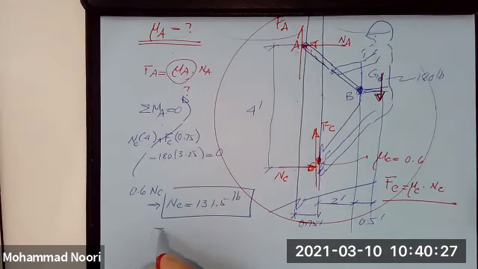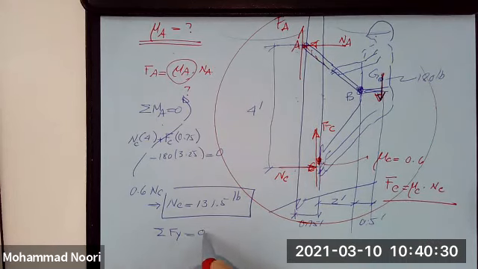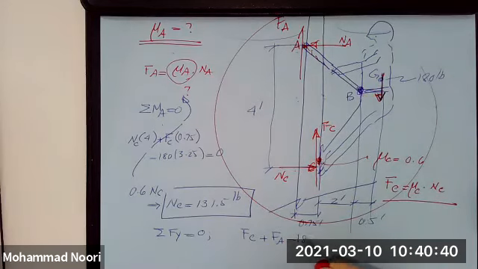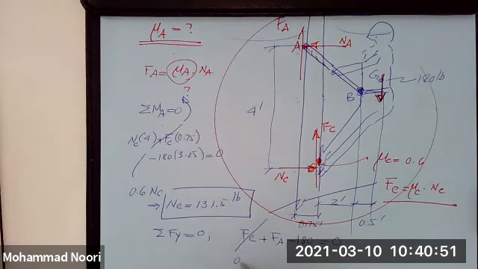The second one, summation of forces along Y, is what I will write. And that gives me what? F sub C plus F sub A minus 180 is equal to 0, right? That's what I have. So F sub C is what? 0.6 times 131.5, minus 180, plus F sub A is equal to 0.